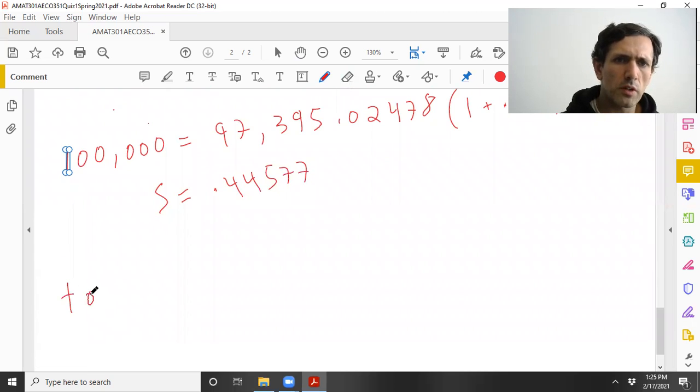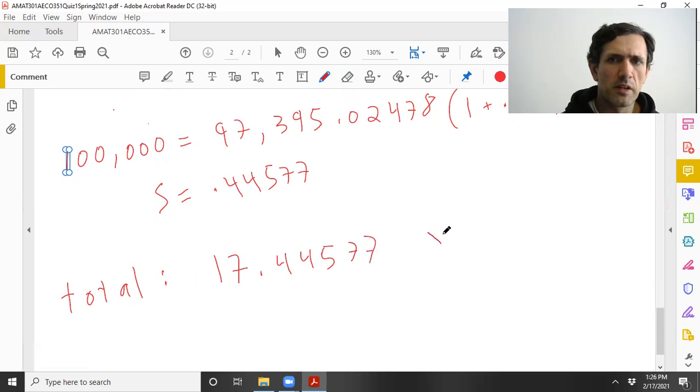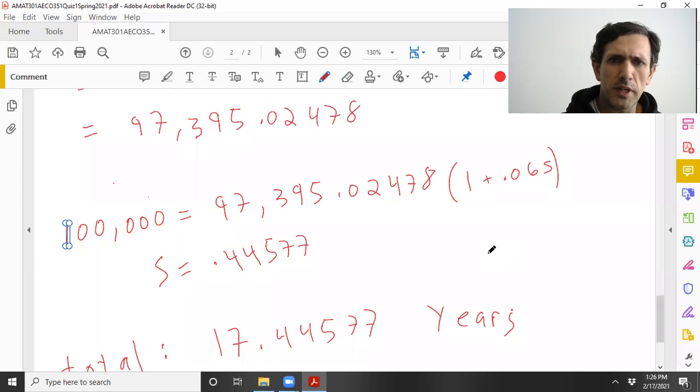So the total time that money sits in this account is roughly 17.5 years, 17.4457 years.